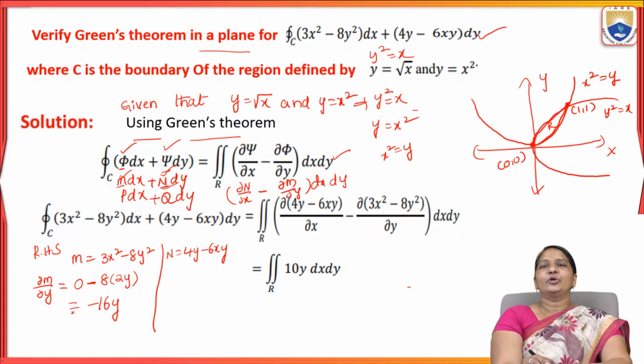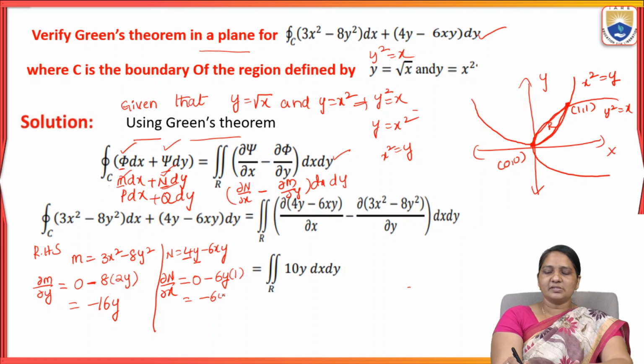This is the value of dou M by dou y. Now I am calculating dou N by dou x, with respect to x. 4 is a constant, so that is 0. Minus 6 into y, and the derivative of x is 1. So this value is minus 6y. These are dou M by dou y and dou N by dou x.